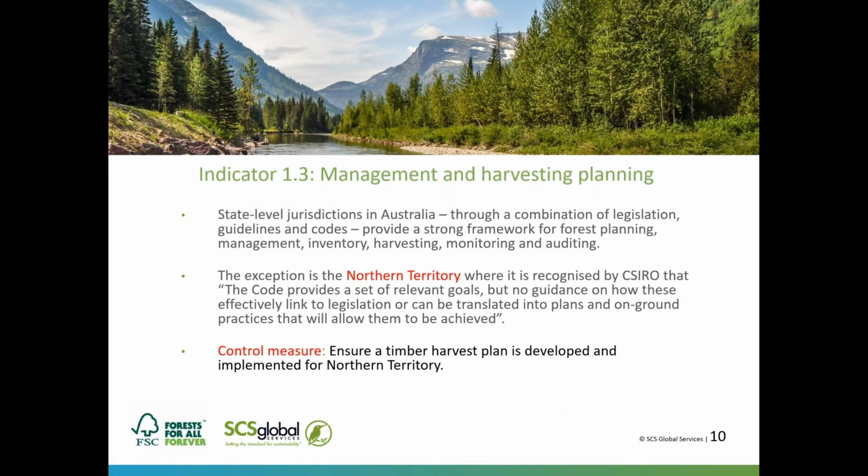So the mandatory control measure here is to ensure that a timber harvest plan is developed and implemented for the Northern Territory, meaning that if you're sourcing from the Northern Territory, you have to make sure that there's a timber harvest plan developed and implemented.